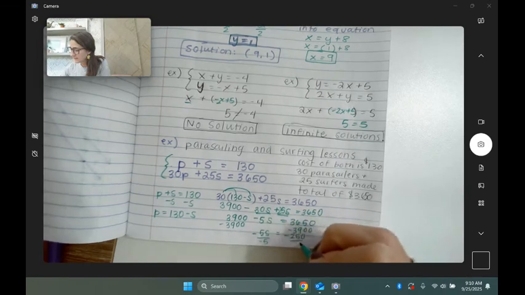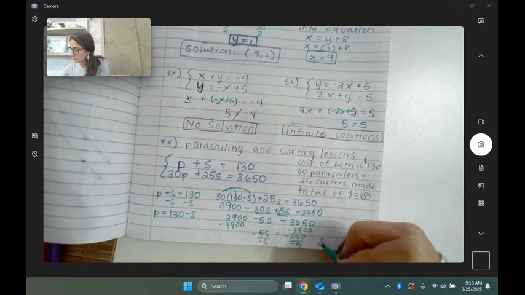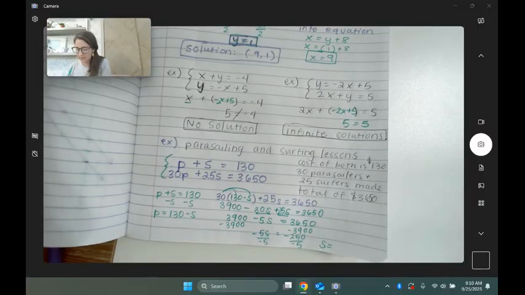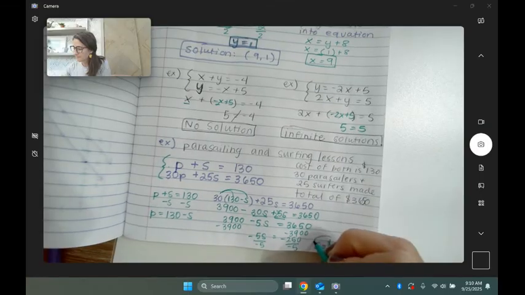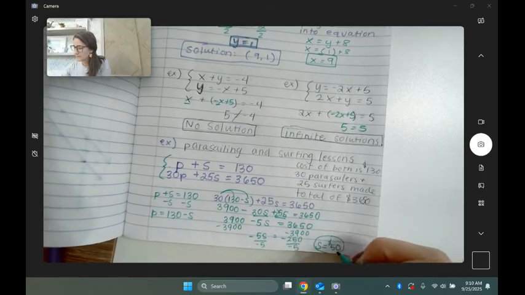Divide both sides by negative 5. So the cost of surfing is $50. Cost of surfing is $50.